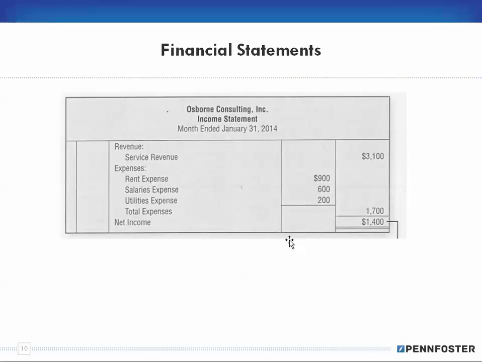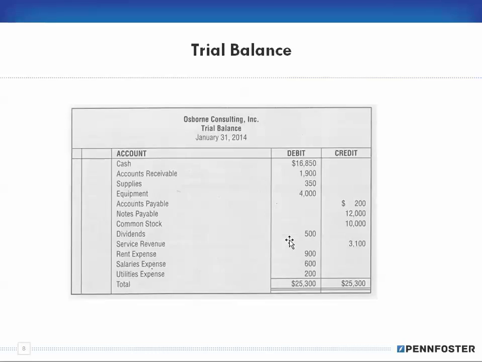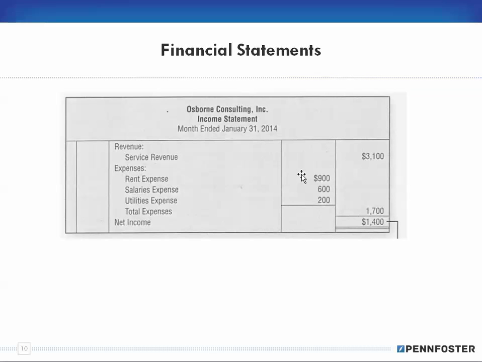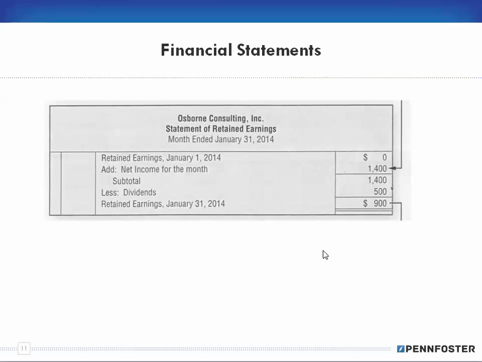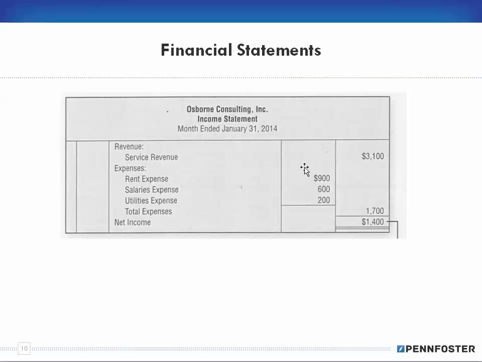If we look here, service revenue has 3,100. We go back up to our trial balance, and we can see service revenue has a credit of $3,100. Rent expense over here is a debit of $900. So they transferred the information, and we're able to create the income statement.